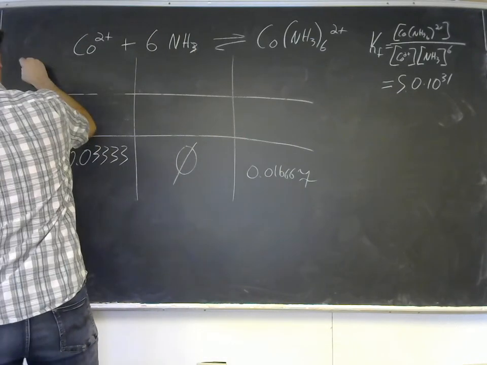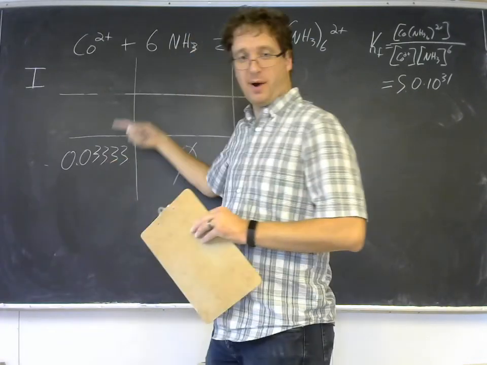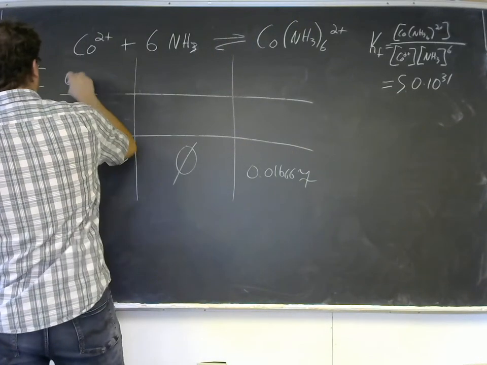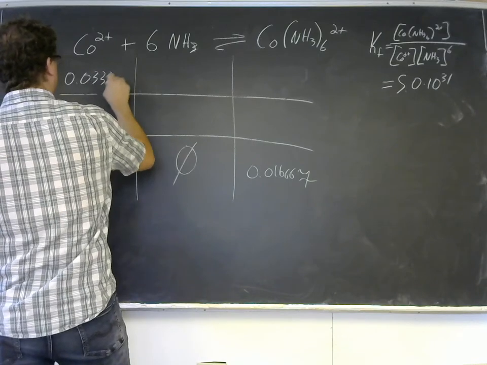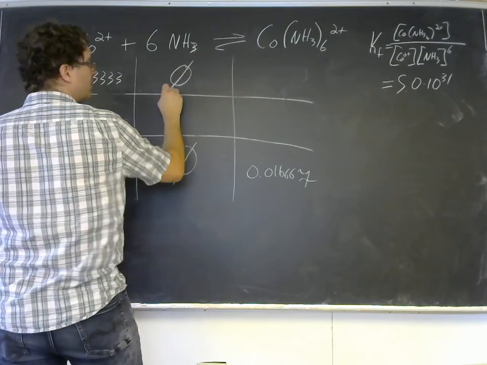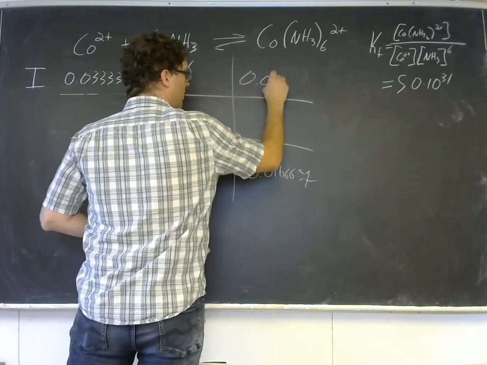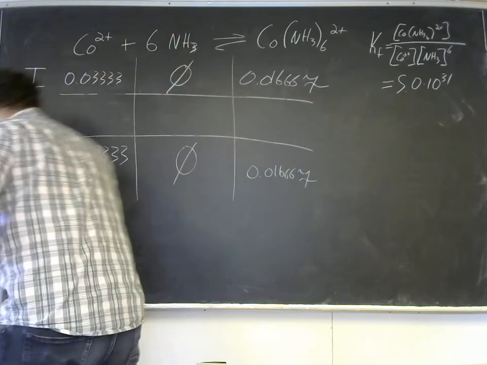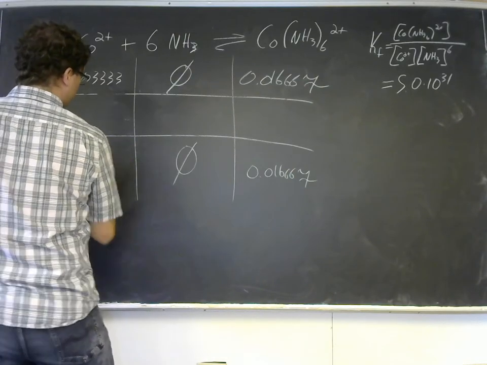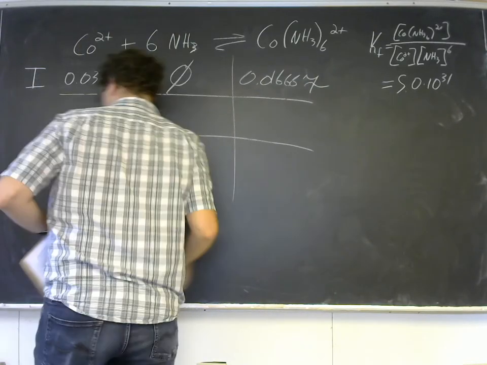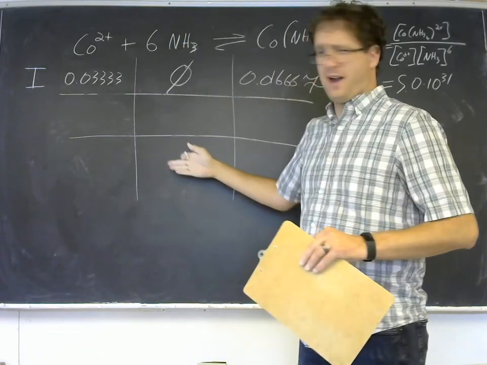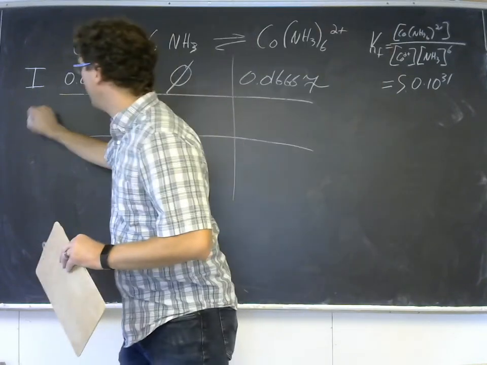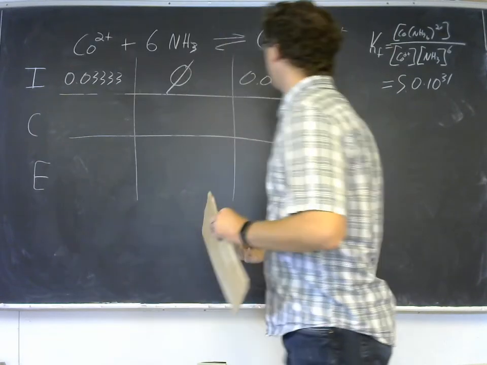And these will now become our initial concentrations. So we have 0.03333, we have 0, and we have 0.016667. Okay, now we can erase from our BCA table. The after line of the BCA table becomes the initial line of the ICE table. So now it's an ICE table. And what will the change be?